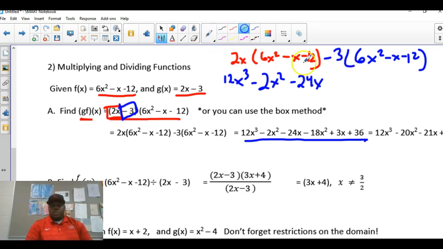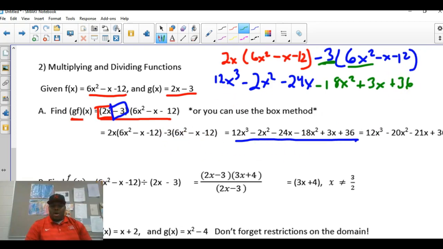Then over here on this portion, you have negative 3 times this, 6x squared, so that's negative 18x squared. And then you have negative 3 times negative x becomes positive 3x. And then you have negative 3 times negative 12, which becomes a positive 36, okay?